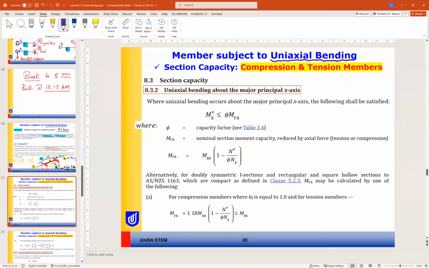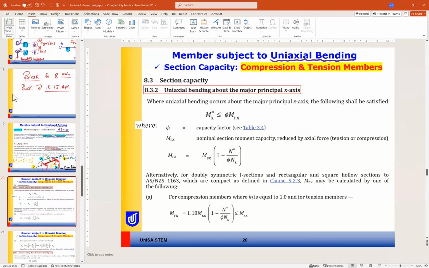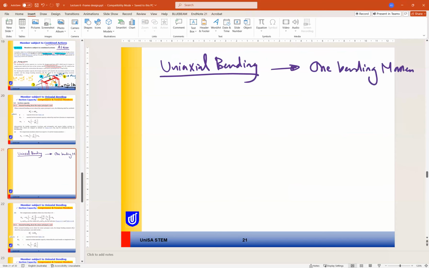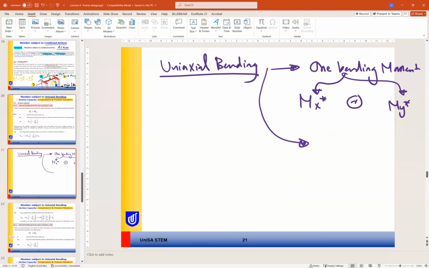Uniaxial means we have only one bending moment, which can be about x, Mx, or about y, My, plus the axial load N asterisk.